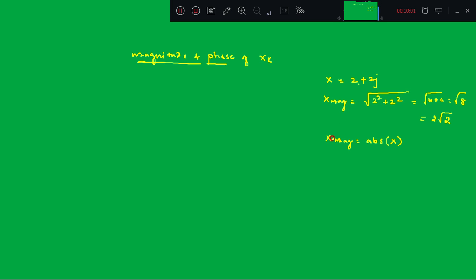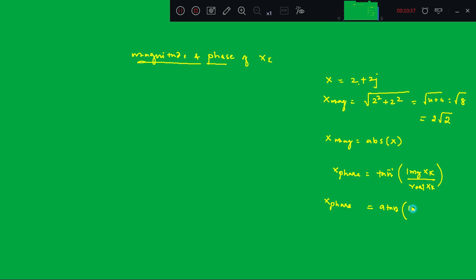Similarly, theoretically, how do you calculate the phase value? The phase value is calculated by x phase is equal to tan inverse of imaginary of xk divided by real of xk, right? In Scilab, how do we write? X phase is equal to tan inverse. I will write atan of the imaginary.